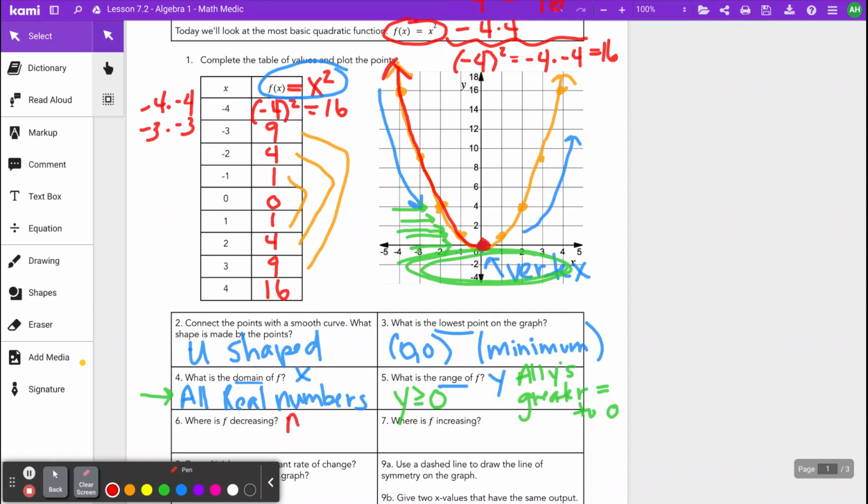Well, it's decreasing for all x smaller than or equal to, well, this x value here is 0, right? So for any x value to the left of 0, or all numbers that are smaller than 0, that's where my graph is decreasing.